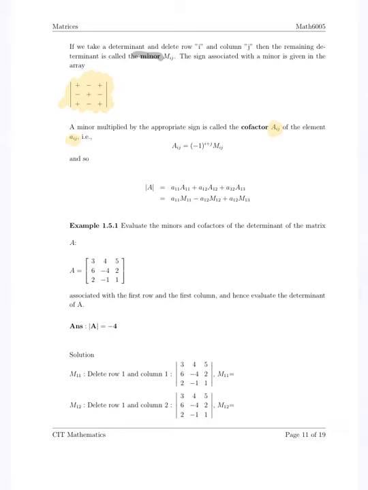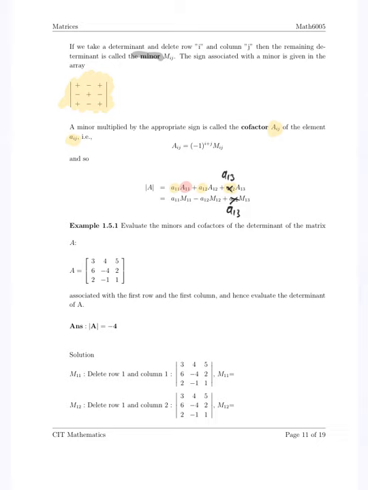In the last example, we went across the top row of the matrix, so that was first row, first column, first row, second column, and okay, that's actually a typo. That should be a13. First row and third column. So these big A's here are their respective cofactors, which are what you multiply them by.